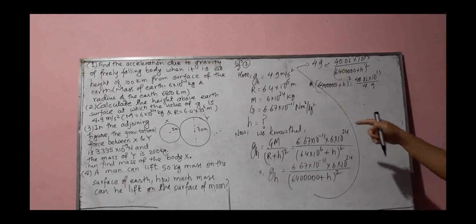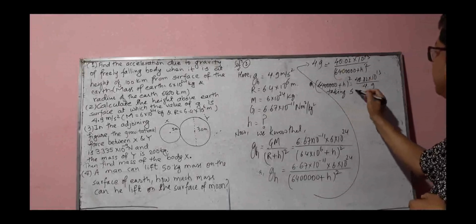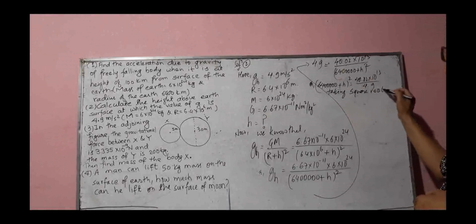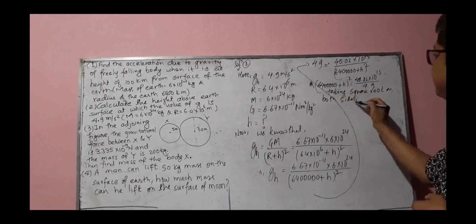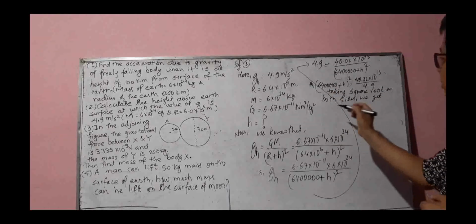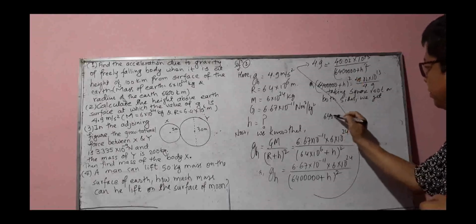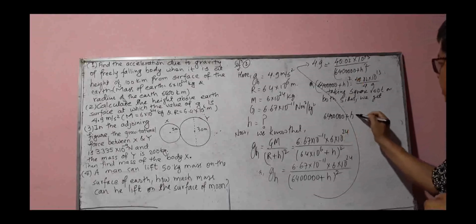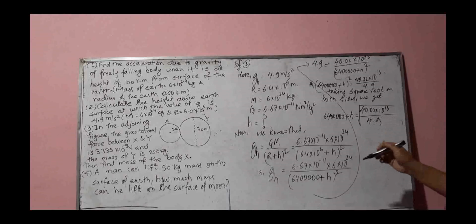So we take square root on both sides. The square quantity under the square root gives that quantity without the square: 64,100,000 plus h is equal to the square root of this result, 40.02 into 10 to the power 13 divided by 4.9.